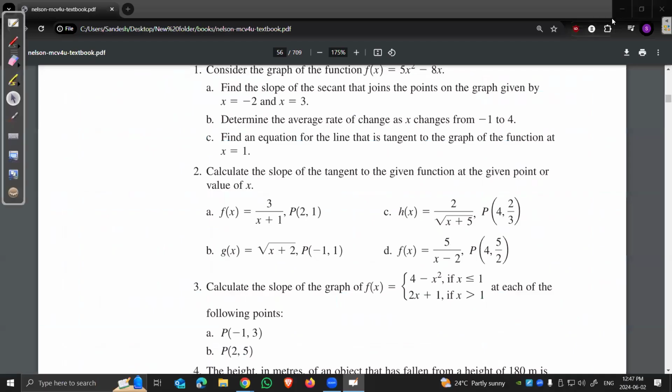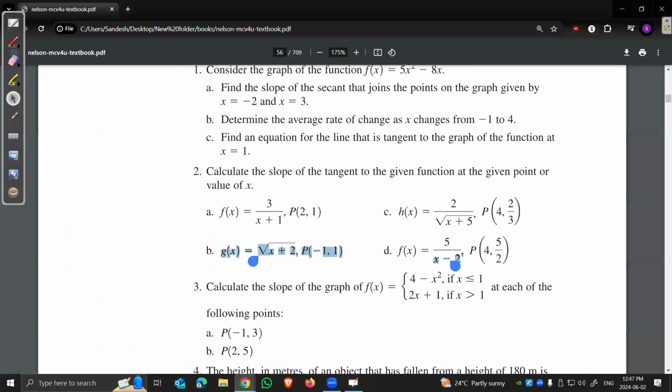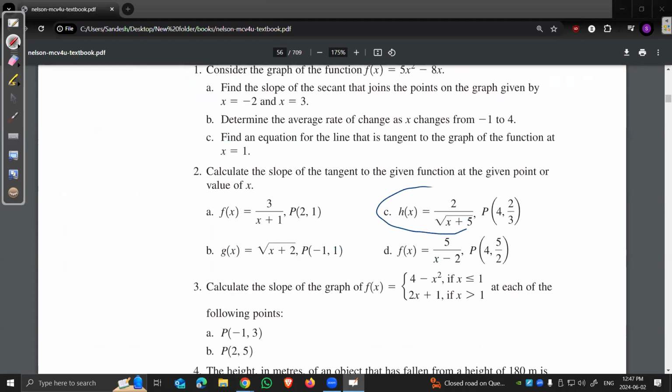But this is a square root function. This is a linear function by itself, but if it's in the denominator, like you see, we have a square root in the denominator, this is a rational or a reciprocal function. This is not a square root function. A square root function, square root of x, is continuous. It never stops.